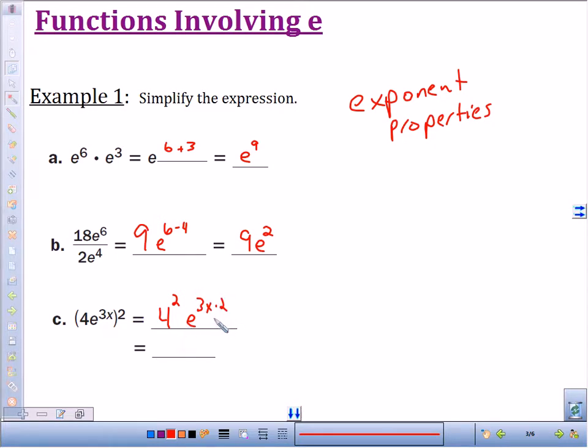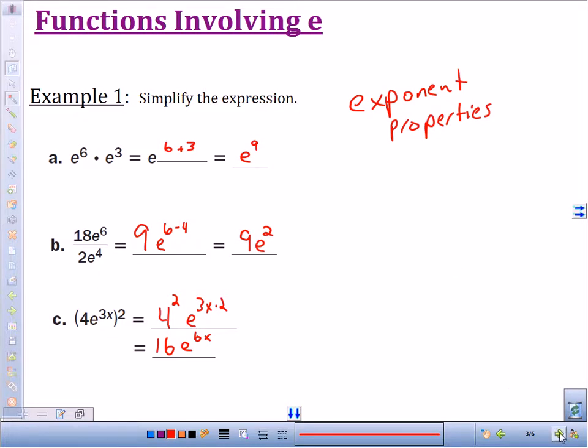Again, that exponent property that we've seen before. 4 squared is 16. e to the 3x times 2 is 6x. So e to the 6x. All of our exponent properties still work, and we need to remember those exponent properties. They're not going away. So we're going to get some practice with e this time instead of just x.